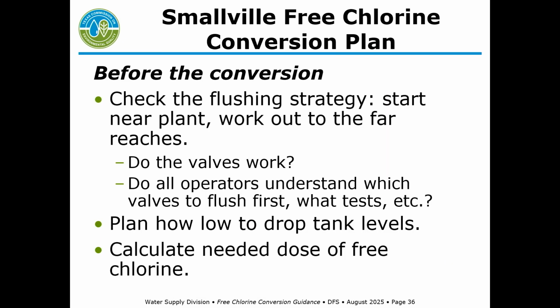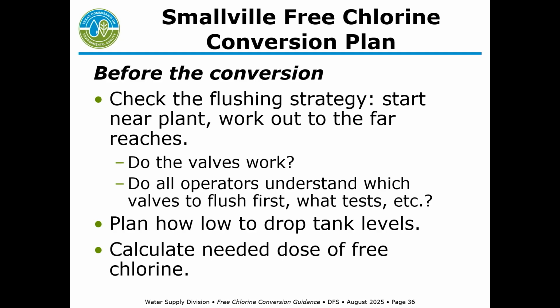So before the conversion, you're going to check your flushing strategy. Start near the plant and then work your way out to the far reaches of the distribution system. Check that the valves are working and all your operators understand the sequence that you're going to go through. Have a plan of how low you can drop your tank levels, and then calculate the needed dose of free chlorine.